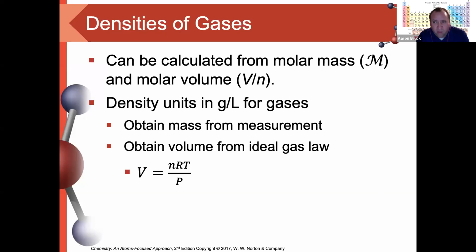The problem with gases is that they tend to be pretty large in terms of their volume, so it's not always easy to measure the density of a gas unless we have some way of determining its mass, or its temperature and pressure from the ideal gas law.